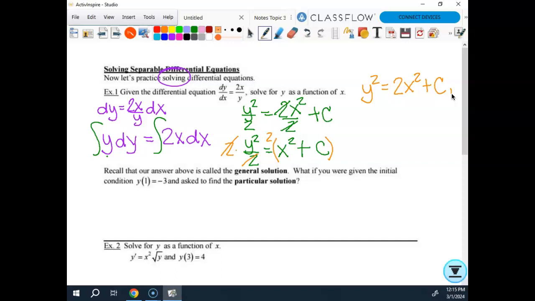Okay? We still need to solve for y. So what do I do next? Square root. So I'm going to take the square root of both sides. When I do that, I'm going to get y equals the square root of 2x squared plus c, or c1, if it makes you feel better. Right.